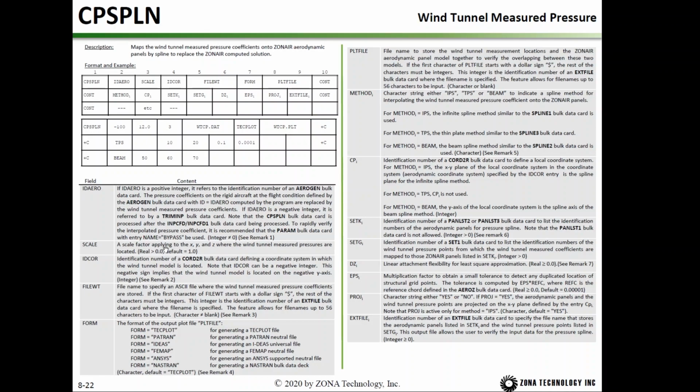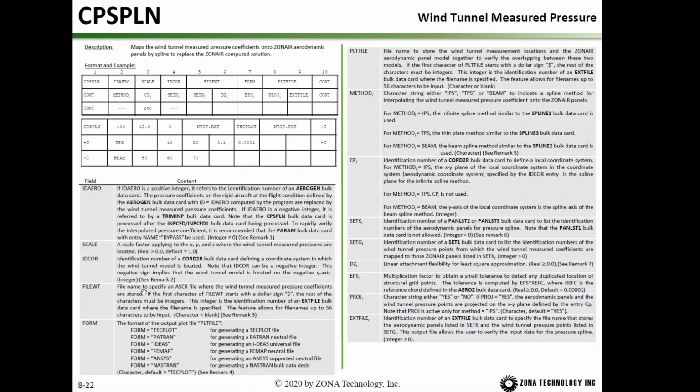Scale is used because the wind tunnel model size may be different from the full scale model, so you want to use a scale factor. And ID core is used because the wind tunnel model may be in a different coordinate system, so you want to define a coordinate card to transform the wind tunnel model to the ZONAIR aerodynamic model.